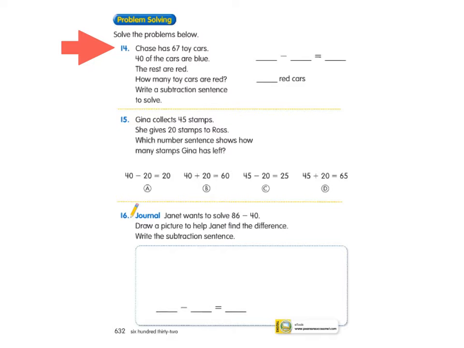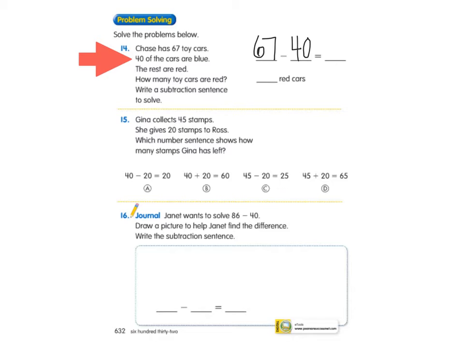Step 1, though, is going to be look at my problem, and I see that he has 67 toy cars in all, so that's my whole, and that's going to be my first blank, 67. Okay, then the part the problem tells me is that 40 are blue, so that's what I'm going to subtract today, 40. Okay, and I'm looking for the missing number.